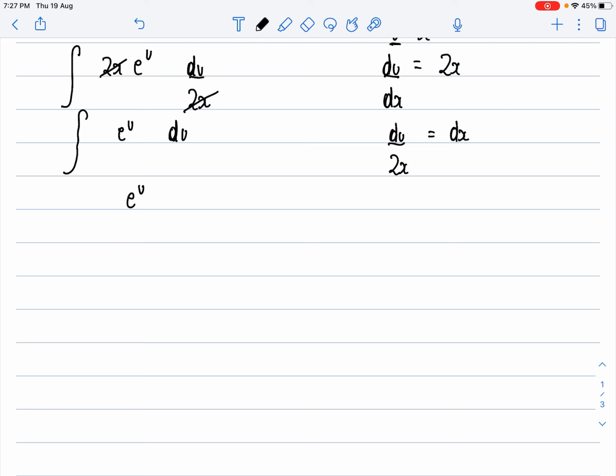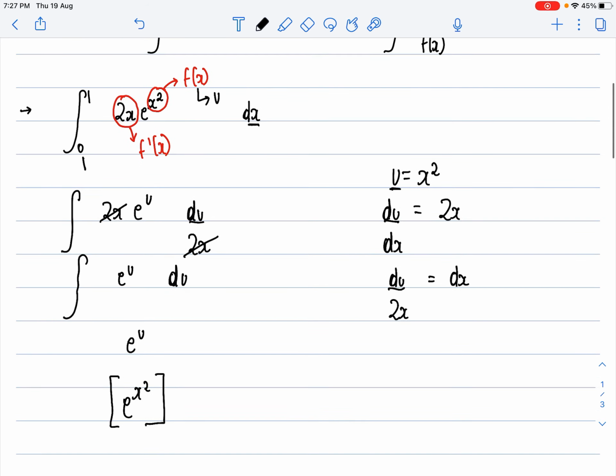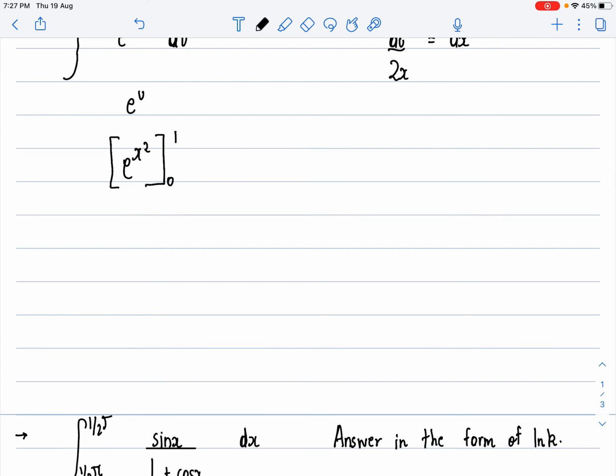Now you convert this from u to x. You know that u is equal to x square. So now you can write this as e raised to x square. And as you have now written everything in terms of x, you can write the limits, which are 0 and 1. In the place of x, put 1 first, which is the upper limit.